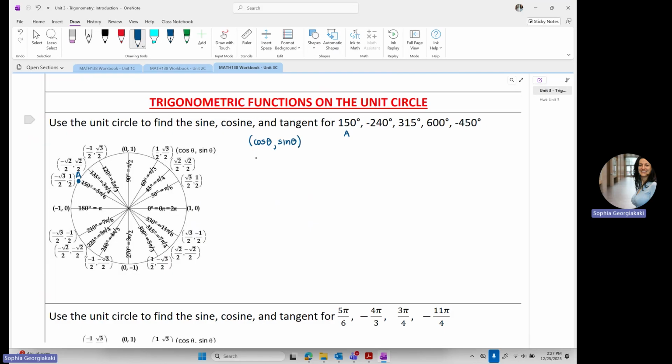So the cosine of 150 degrees is the first coordinate of that point, which is -√3 divided by 2. The sine of 150 degrees will be the y-coordinate, which is +1/2. And the tangent of 150 degrees will be y divided by x. So 1/2 divided by -√3 divided by 2.